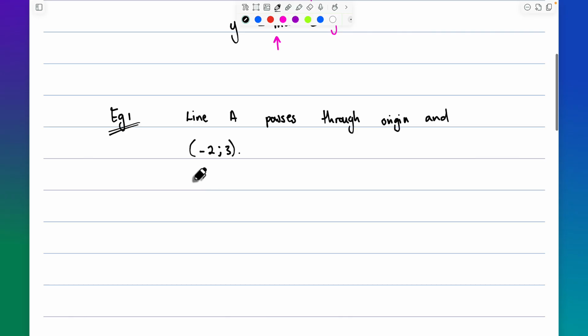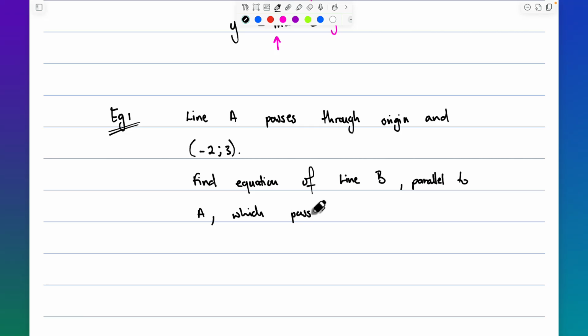Right? Find the equation of line B, which is parallel to A, which passes through the point 3 and -1.